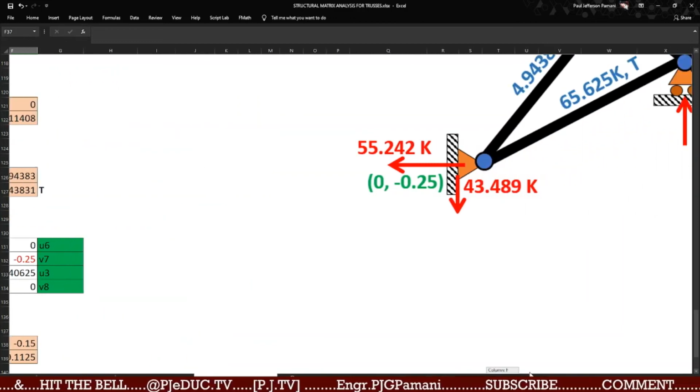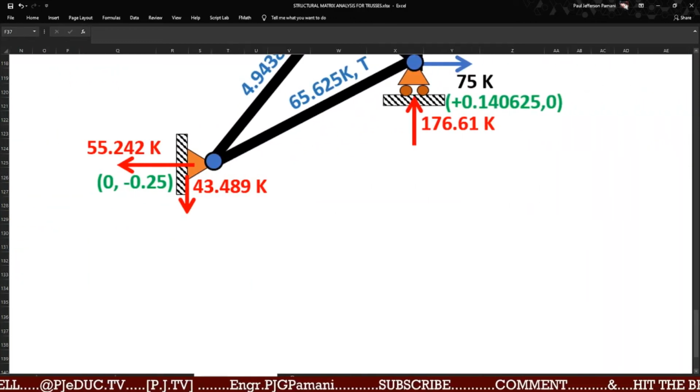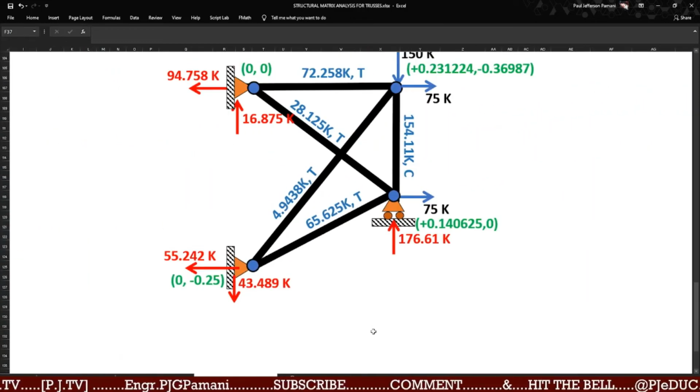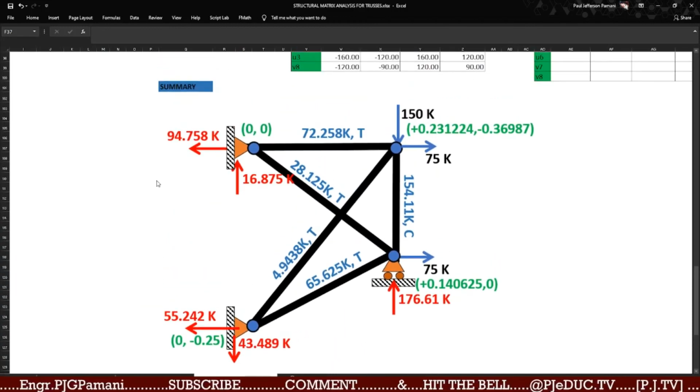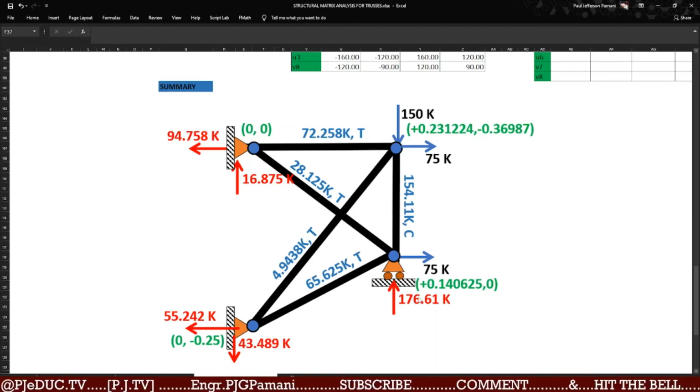And of course, do not forget to present your summary by attaching all the identified forces, reactions on each node, deflections on each node, identified forces on each element or member, deflections, and the applied forces. Applied forces, new values for our deflections.